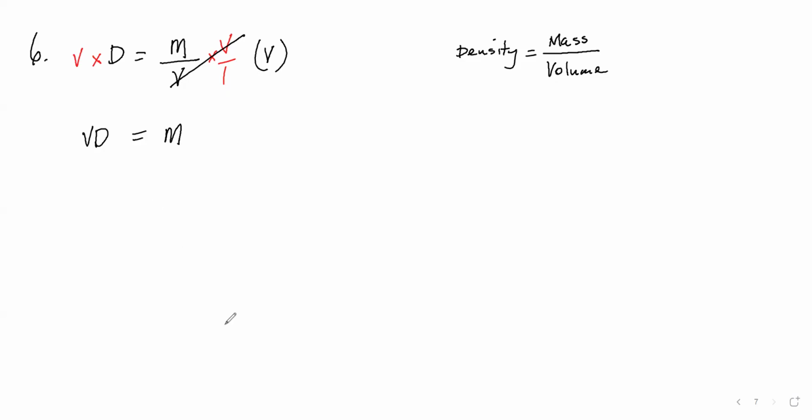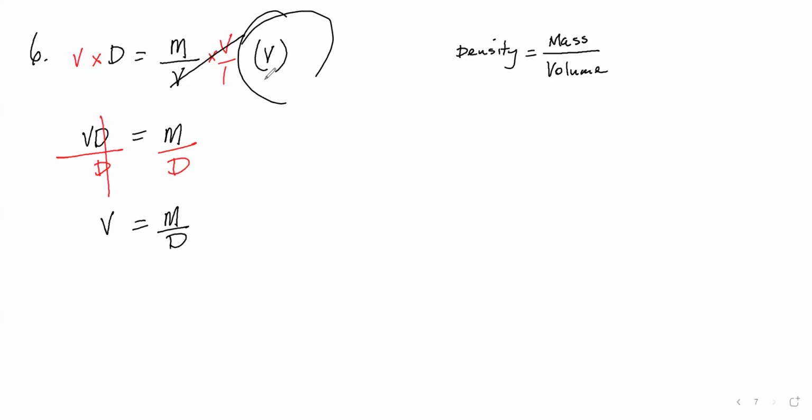And then the next step, people, I want to see that you're dividing by D. So V is equal to M divided by D. So we found for V, that's what we were finding for all along. I want to see that you understand the steps. All right, people. Everybody understand what we did? Yes, sir.